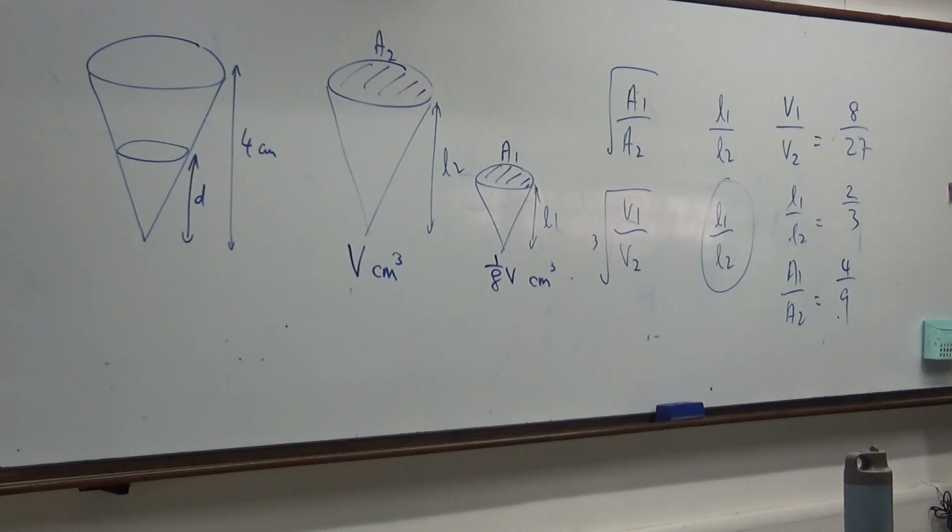Understand? Likewise, if I tell you A1 over A2 is 4 over 9, what is L1 over L2? It will be 2 over 3, right? Then I can get the V1 over V2. Understand? So this is something that you must learn. Everybody okay? Can or cannot? Okay, good. So that will be your example 7.